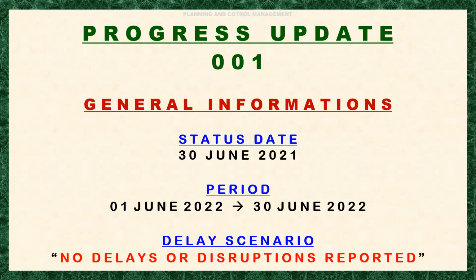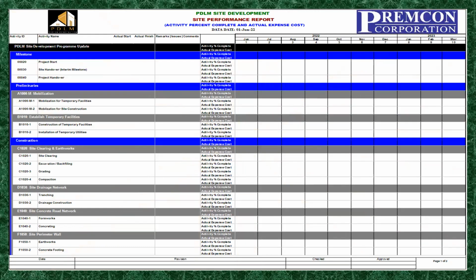Let me show you the site performance report format that could look like this. Okay, so this will be the site performance report that will be provided to site personnel for them to fill up the progress of the activities for every period, or this is a monthly period.